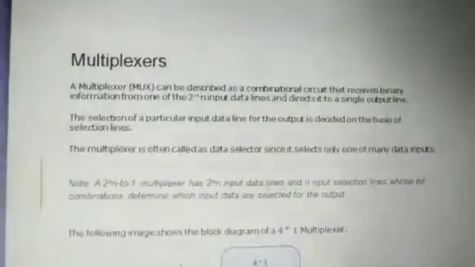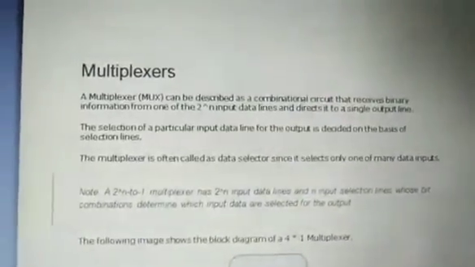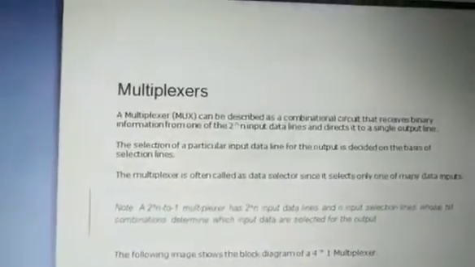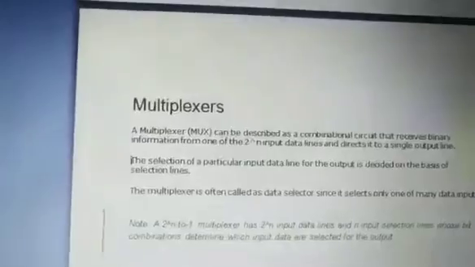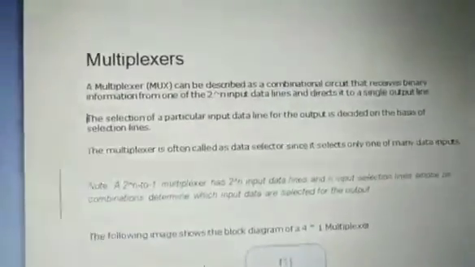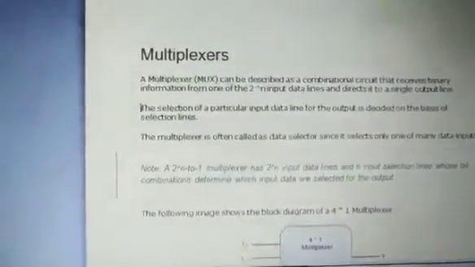So from several inputs, if you want to select any one, then we will require a multiplexer circuit. Here I am giving the example of a 4x1 multiplexer, but you can implement 8x1, 16x1 also. Then we will come to the application part of the multiplexer.